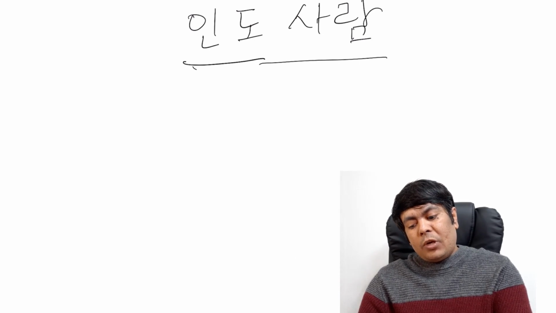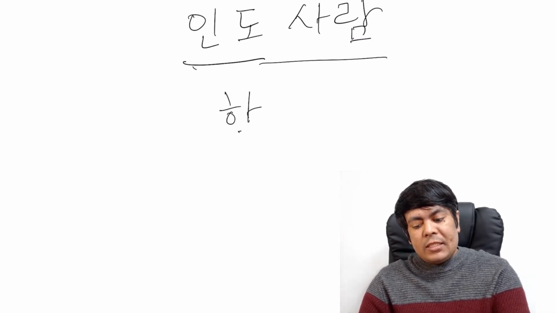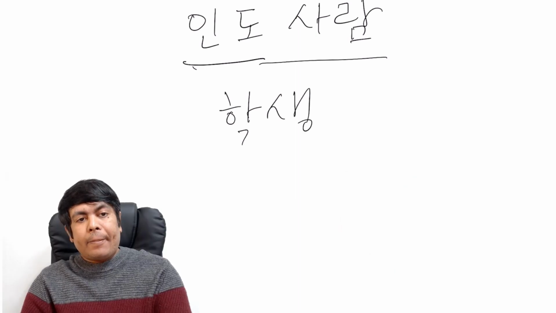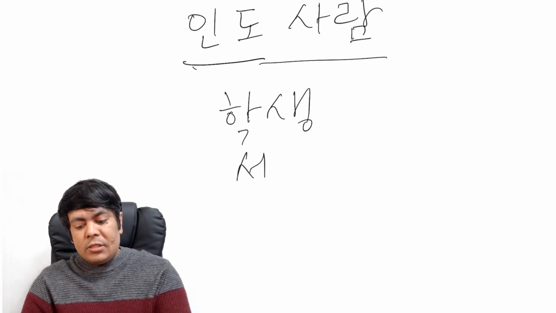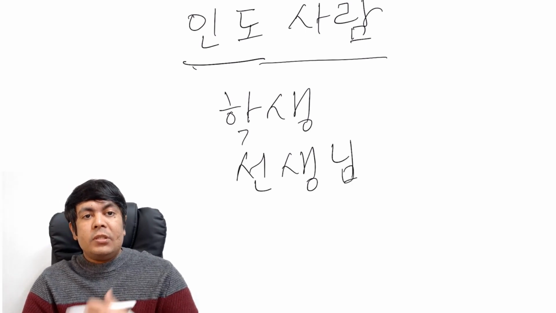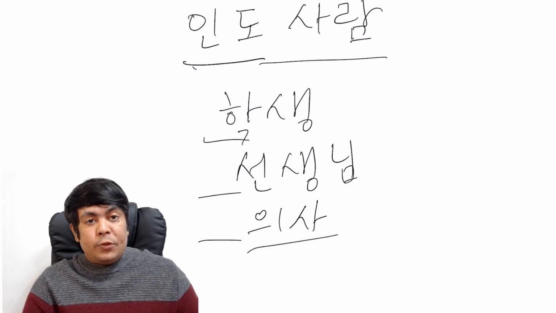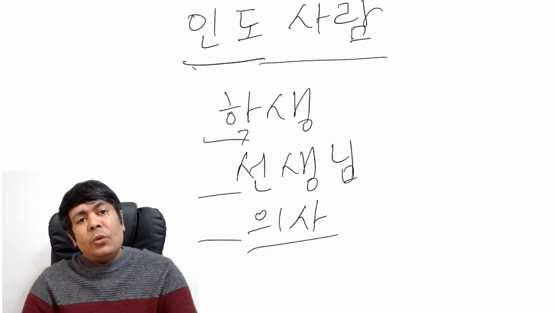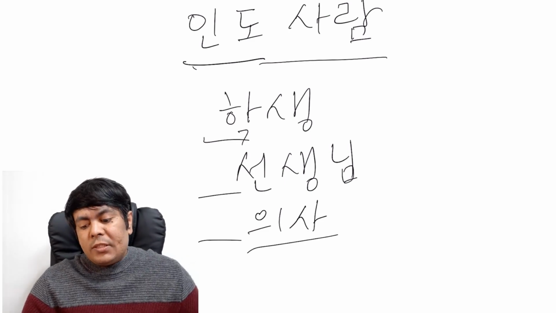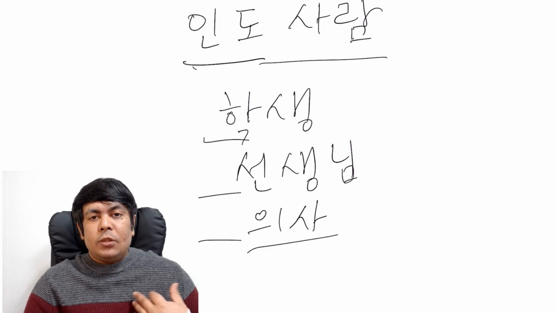Then you want to talk about your profession. Let's say you are a student. Student is 학생. Or you are a teacher, that is 선생님. Doctor is 의사. You will need to memorize some words if you want to use them, but even if you don't know these words, you can use English words. So you can say 저는 student이에요. 저는 teacher예요. 저는 doctor예요.